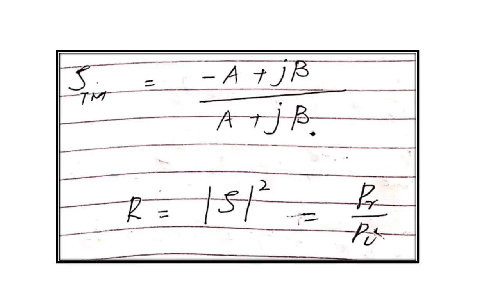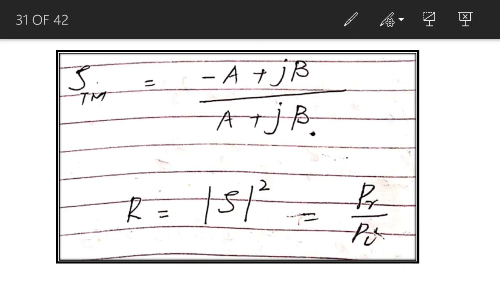Now you see the reflection coefficient of the TM wave might be a complex quantity. So we will show it in the upcoming classes that the reflection coefficient might be a complex quantity.